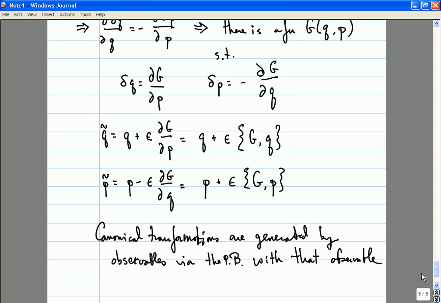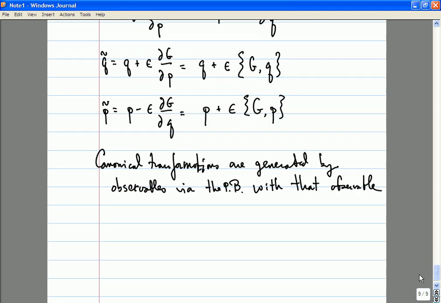So we've seen that Q tilde is Q plus epsilon times the Poisson bracket of Q with G. P tilde is P plus epsilon times the Poisson bracket of G with P. And so, in general, if you ask how A, some more general observable, changes under this transformation, A will go to A plus epsilon times the Poisson bracket of G with A.